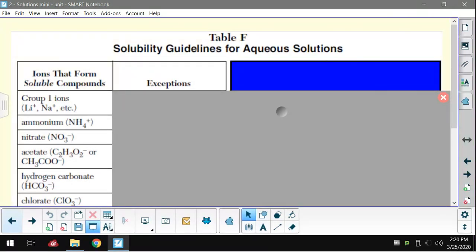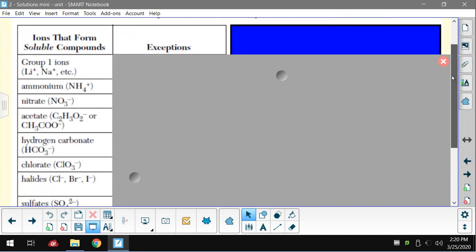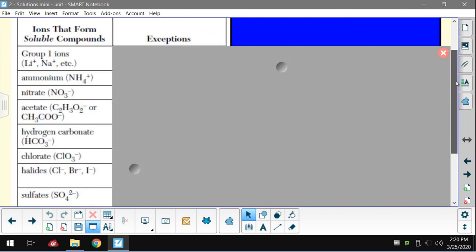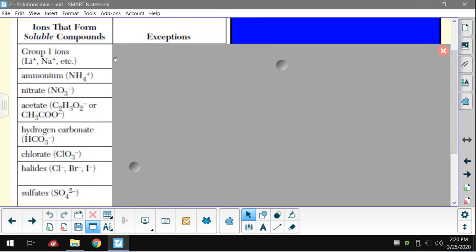If you're looking at your table F in your reference tables, it shows you all these things here. I'm just going to scroll down a little bit. All of those ions form soluble compounds in aqueous solutions. So if it's a group 1 ion, it doesn't matter what it's attached to.